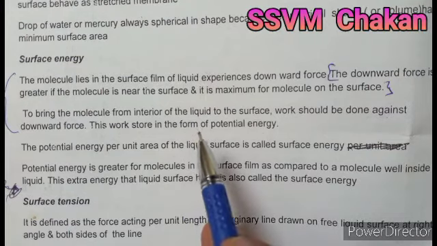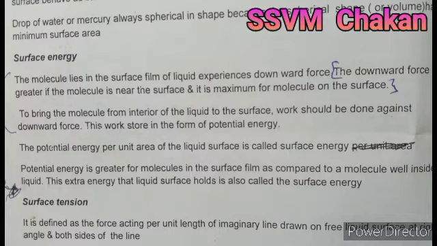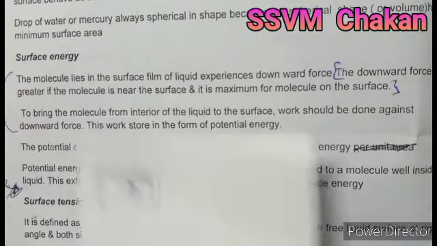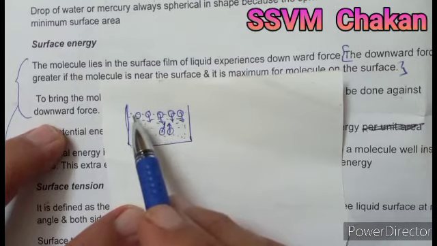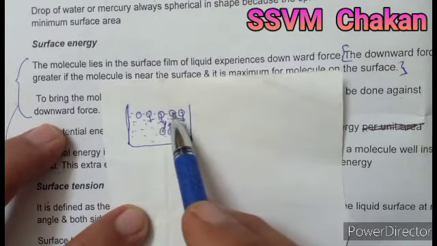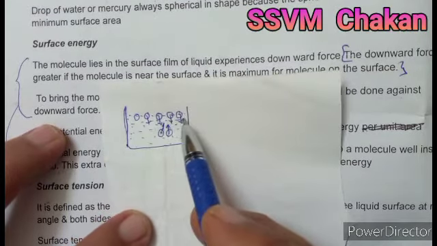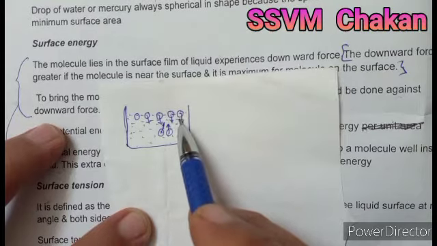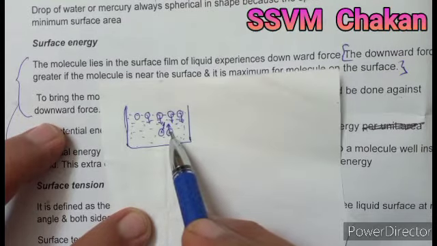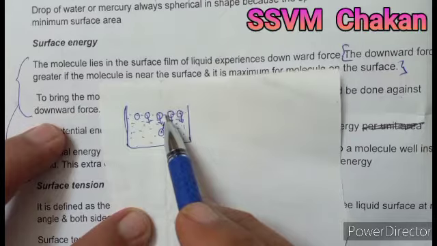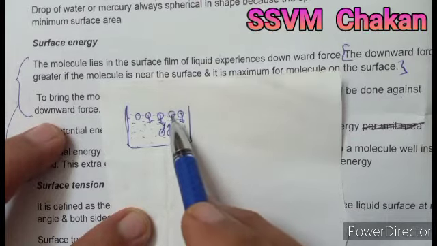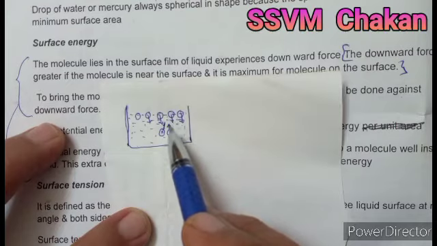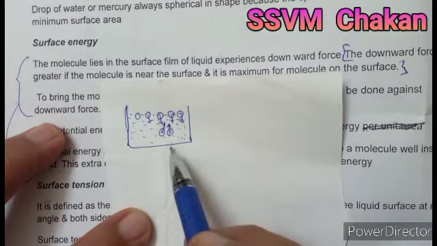This work is stored in the form of potential energy. So this is a liquid inside a container. All these free surface molecules experience a downward force, and if you want to bring an inside molecule to this top surface, then this downward force tries to pull the molecule downward again.